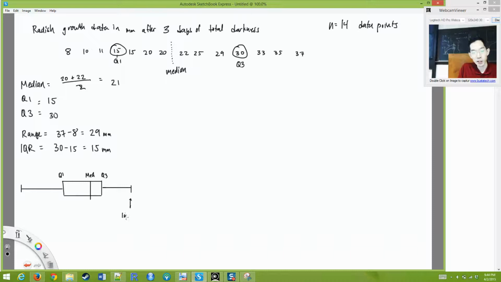This is the largest point that's not considered an outlier. And this over here is the smallest point not considered an outlier.